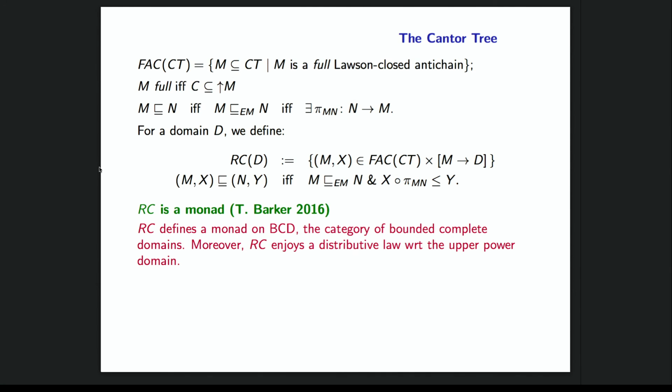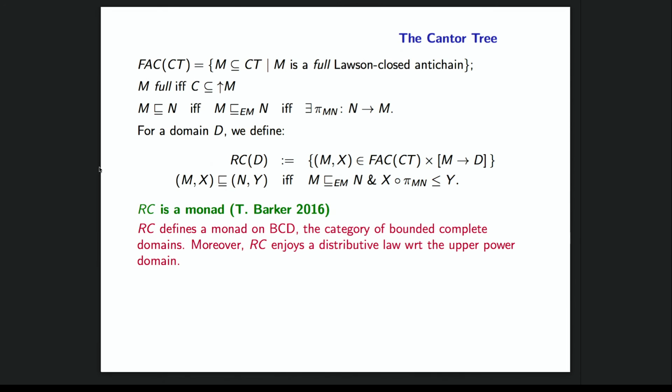And then he called this family his family of random choice possibilities. And the idea here is you take one of these antichains of possible outcomes of some number of flips of coins, and then a mapping X that maps that set of possible outcomes to the domain D, that's your semantic domain. And what it represents is the choice you're going to make.